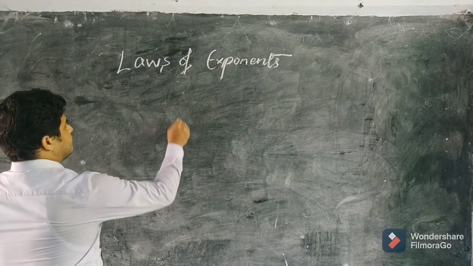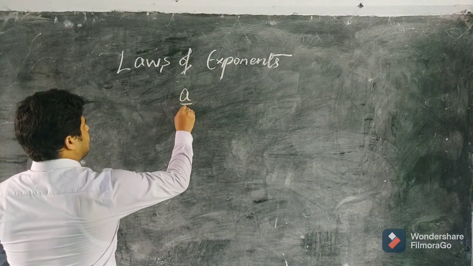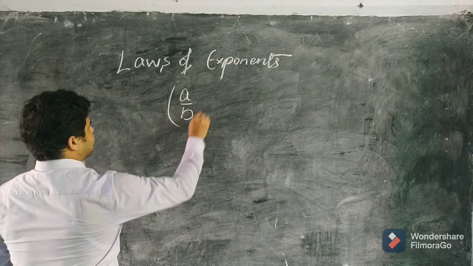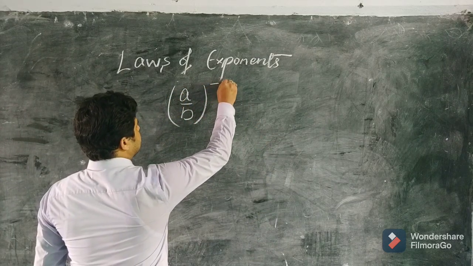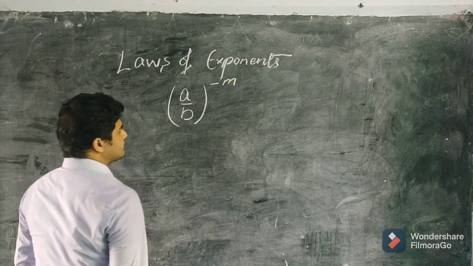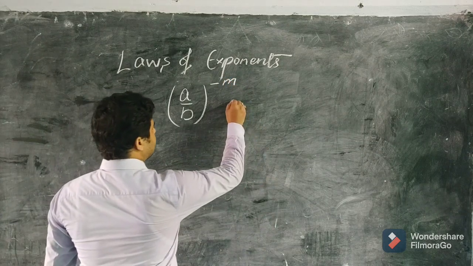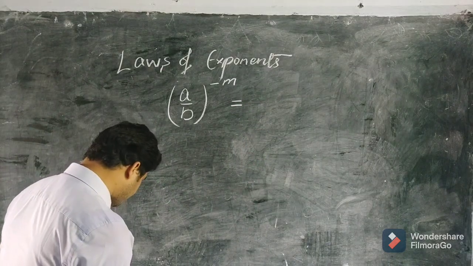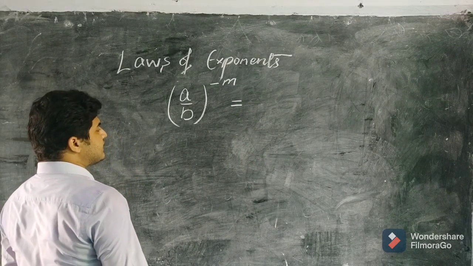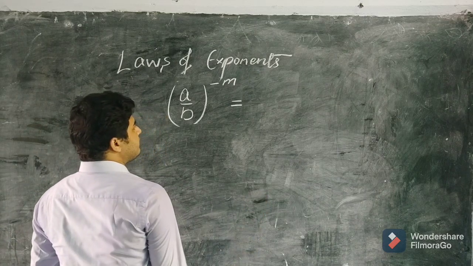Then, for example, if there is a by b, a fraction, and its power is negative, you can do the reciprocal of the fraction which is inside the bracket, and the power will become positive.